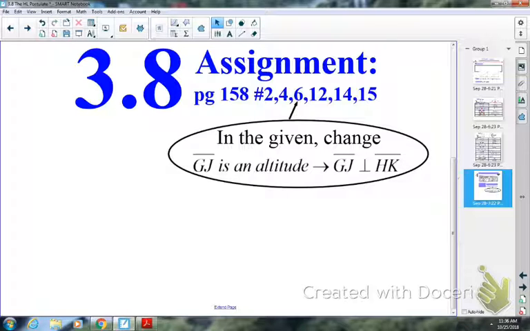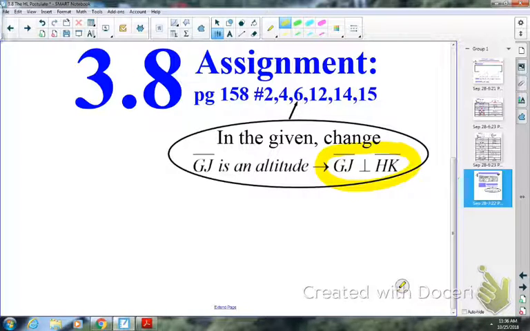On number 6, I want you to change part of the given. So if you're looking at the problem in the book, you'll see what I'm talking about. In the given, on number 6, it says GJ is an altitude. Change that to segment GJ is perpendicular to segment HK. The second part of the given again says segment GJ is an altitude.